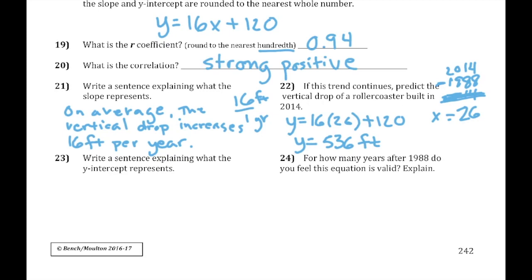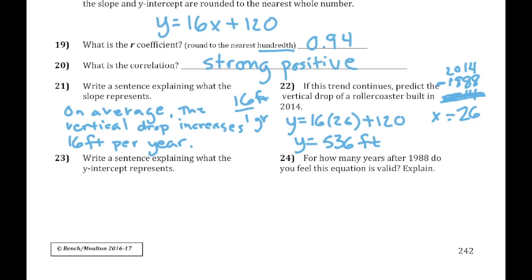Now that we've reached 2014 or past 2014, we could go back to 2014 and see if there is a roller coaster that reached that vertical drop. And it may not be the case, but we could find out now and see if this equation still is true.